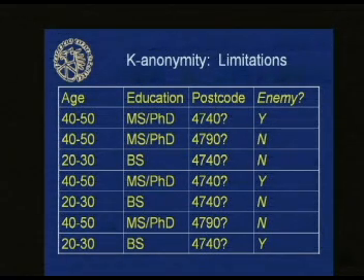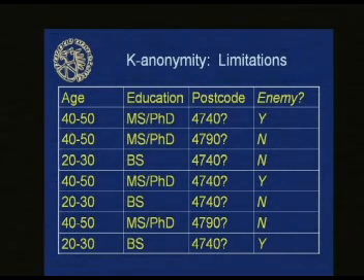Well, it's worse than that, even with just these number of people. Say I've got an individual and I know they're 48 years old, they have an advanced degree, and they live in Bloomington, 4740 something. Do I know if they're an enemy or not from this data set? It's a good chance. I only have two individuals that meet that criteria.